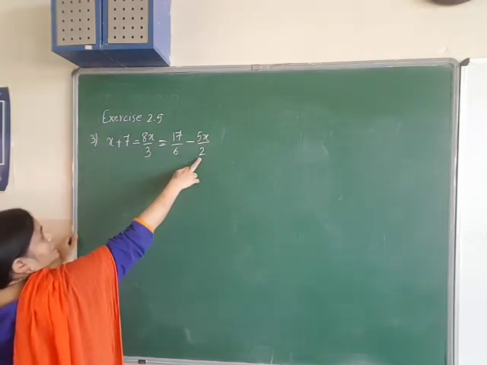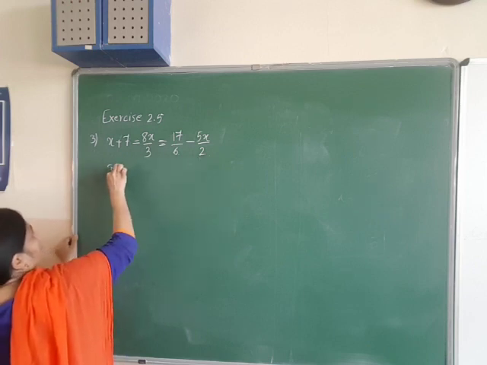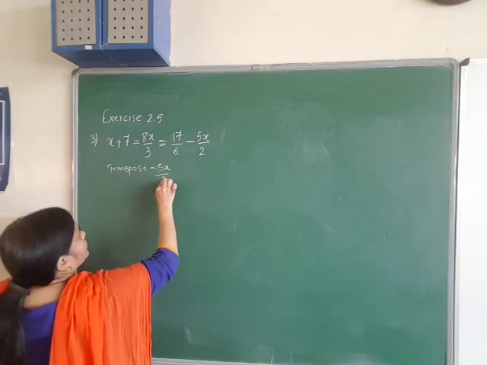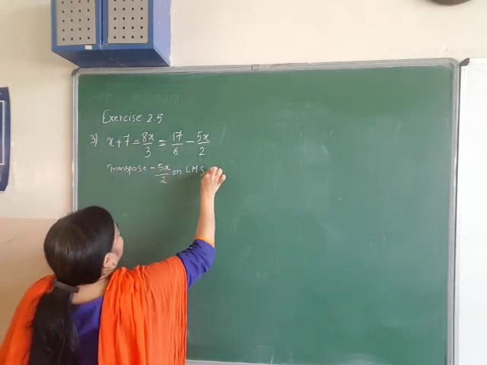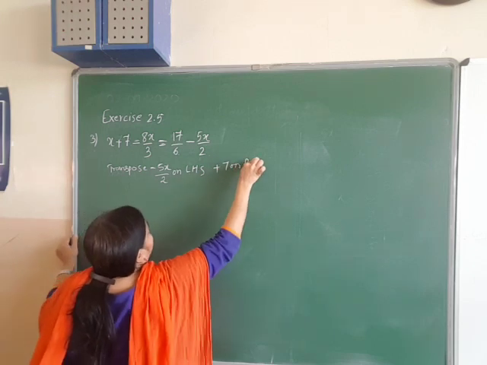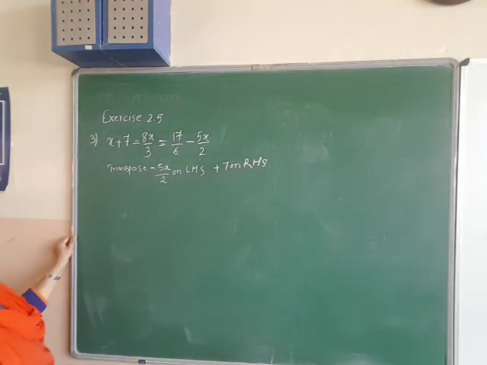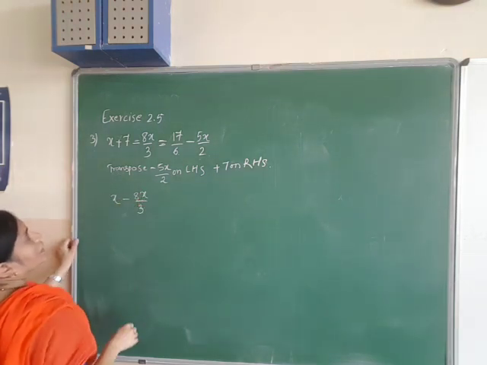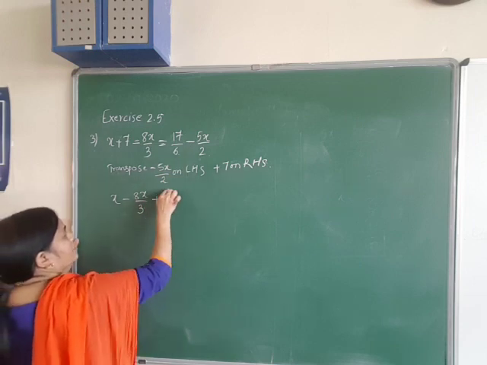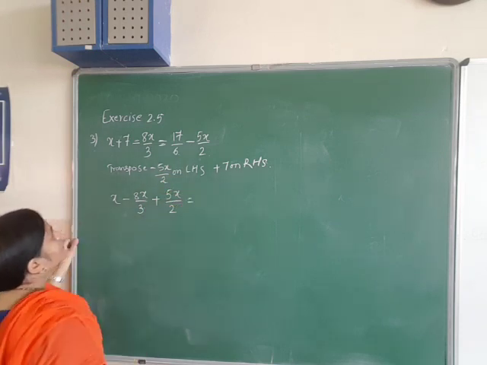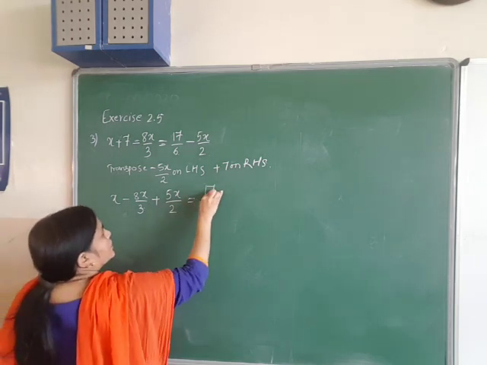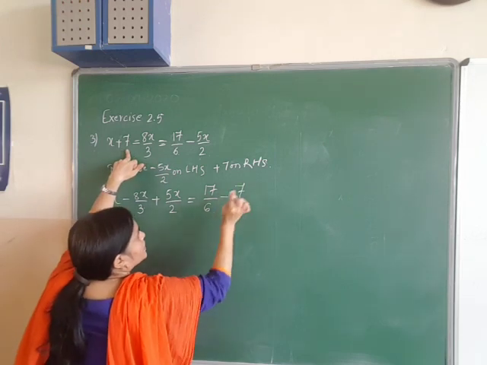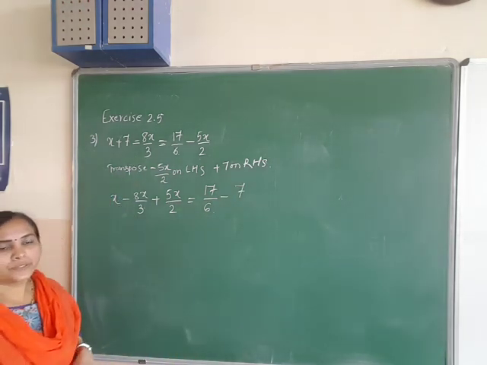Only I have to transpose minus 5x by 2 to the left hand side, and plus 7 to the right hand side. Now x minus 8x by 3 plus 5x by 2 is equal to 17 by 6 as it is, but here plus 7 I will transpose as minus 7. Okay, so this is the step.